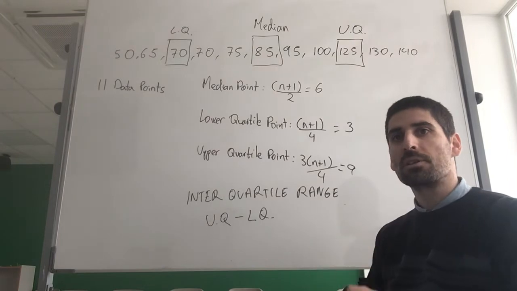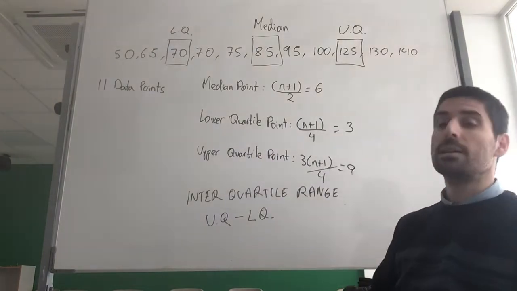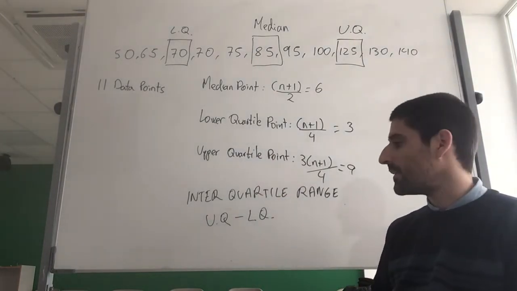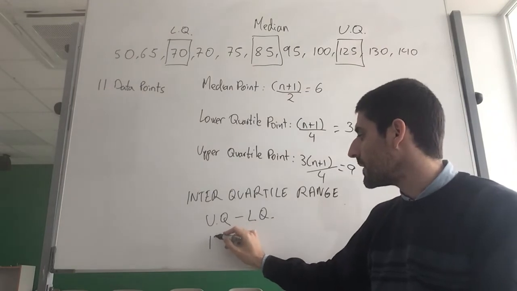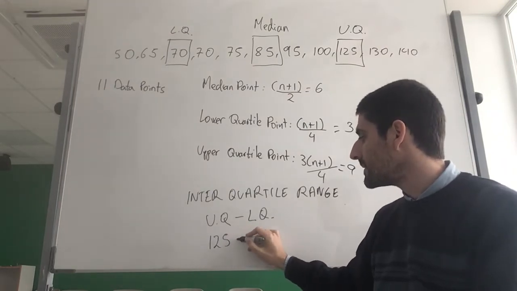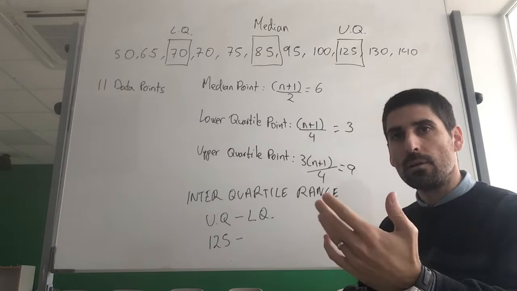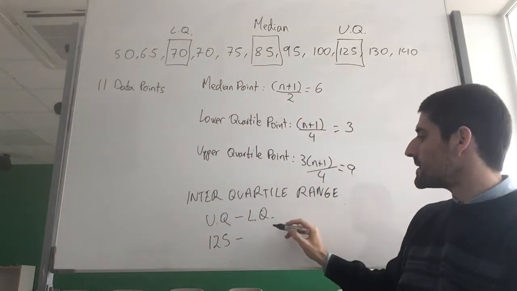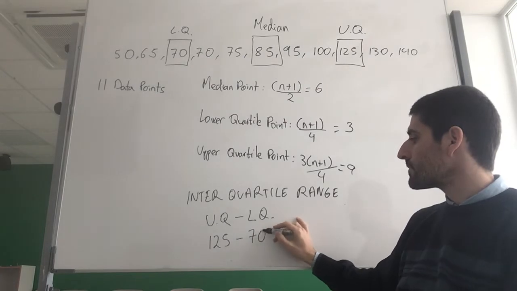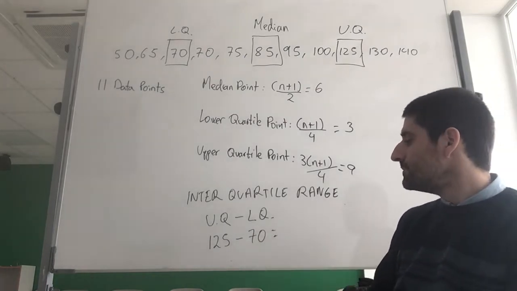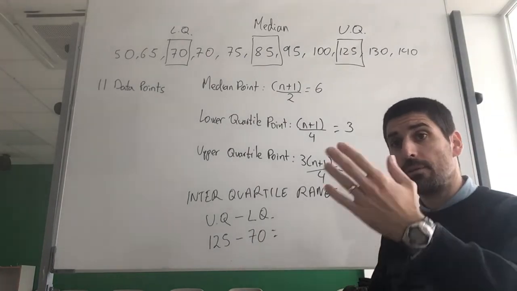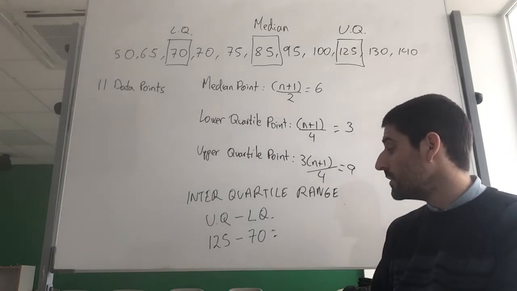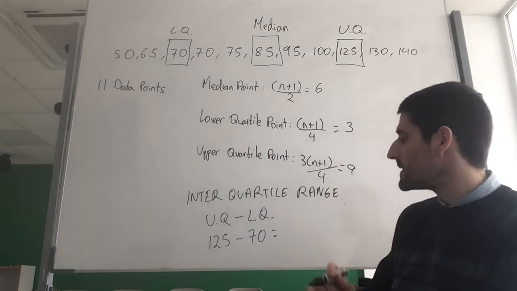What's my upper quartile? It is here, 125. So 125 take away the lower quartile, and the lower quartile is 70. So, if my math don't fail me, which they might do, 55 I want to say is the answer.